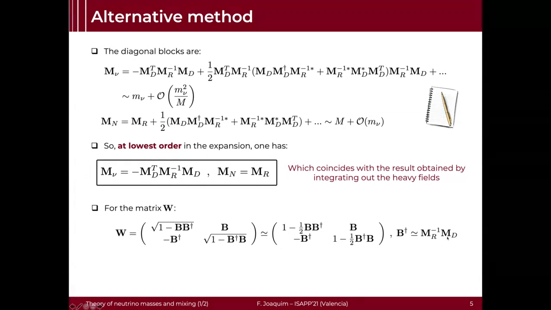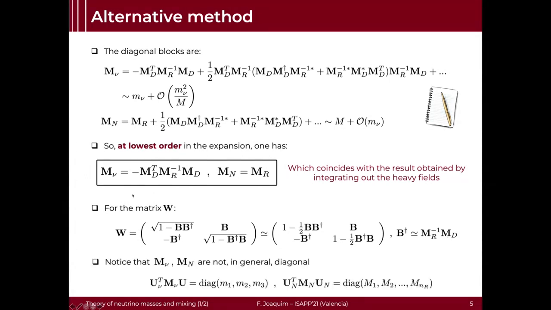Okay. But still don't forget that these two effective matrices are not diagonal. You have to diagonalize them, but now it's easy because they are already separated. The full matrix is block diagonal, so you only have to look at how you diagonalize each block of the big matrix. So these are diagonalized in this way.